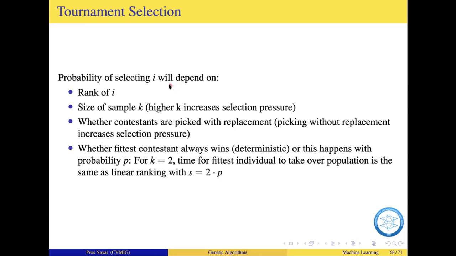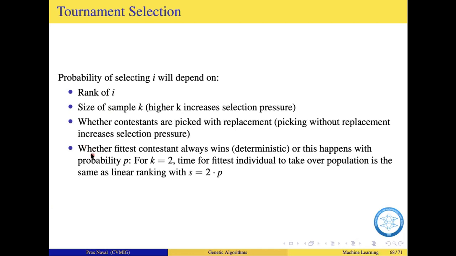The probability of selecting i will depend on the rank of i and the size of the sample K, with a higher K increasing selection pressure. It will also depend on whether the contestants are picked with replacement. Again, picking without replacement increases selection pressure.